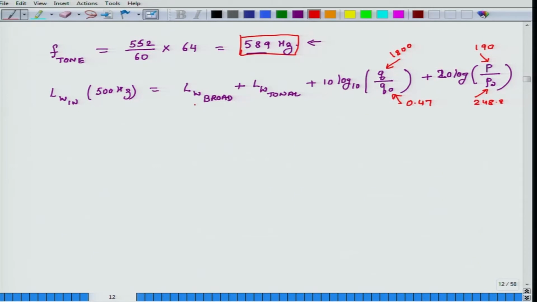So, LW broad is 34 and LW tonal is 2. So, you do all this, now we know everything in this equation, and what we get? 69.5 decibels. If you do all the math, this is the number you will come up with, 69.5 decibels.